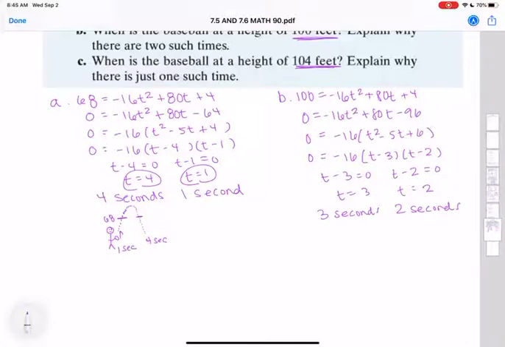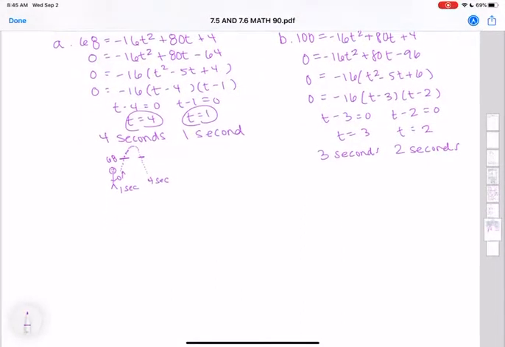All right, so for part B, I plugged in 100, got everything to one side, factored out negative 16, factored what was left over, and solved for 3 seconds and 2 seconds. All right, now I'm going to work through part C.